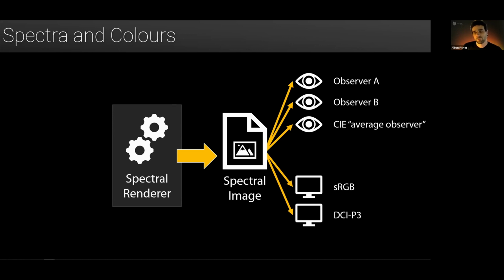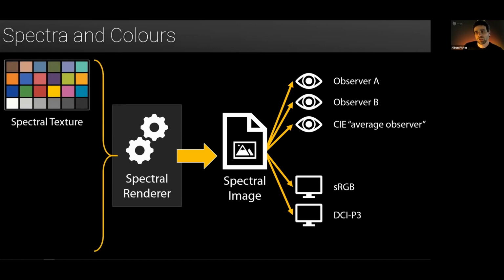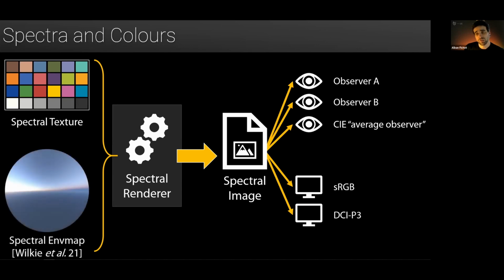But the interest for spectral images is not only for the output of a spectral renderer. Such types of rendering systems really need spectral information to exploit their full potential. So for instance, a spectral image can be used as a reflective texture, and then it stores a reflective spectrum per pixel. But it also can be used to light a scene.